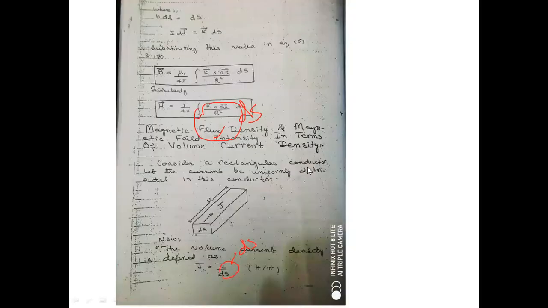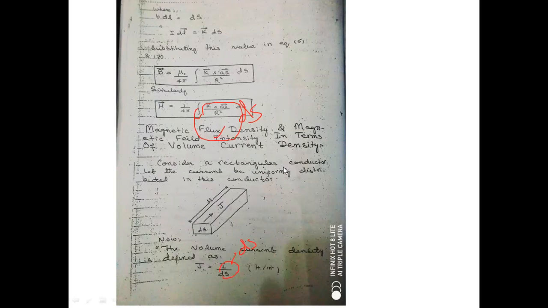And now we are moving to the volume current density. We started with the line current, then we switched to the surface current density, and now we are switching to the volume current density, which is represented by J. This is a rectangular conductor, and the dimensions are also given. This is the cross-sectional area ds, and the length of the rectangular conductor is dl.